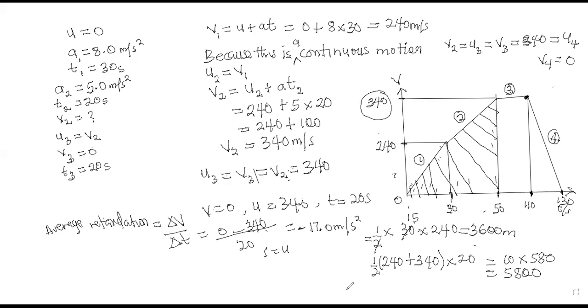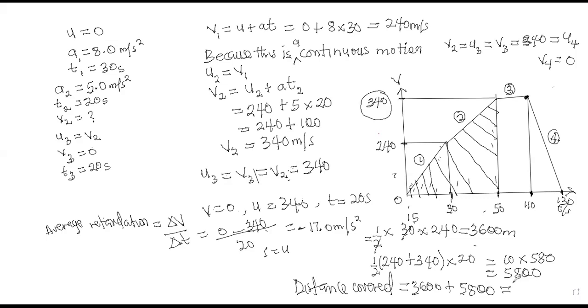Therefore, the total distance traveled or covered during the first 50 seconds would be equal to 3,600 plus 5,800, and this is totaling.